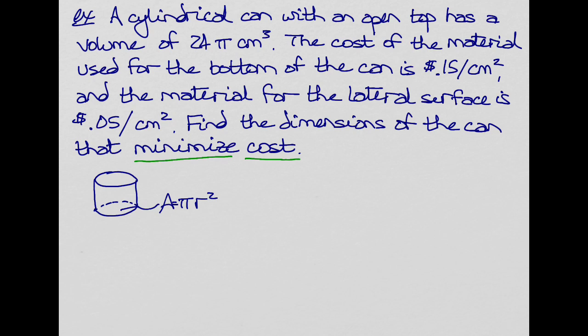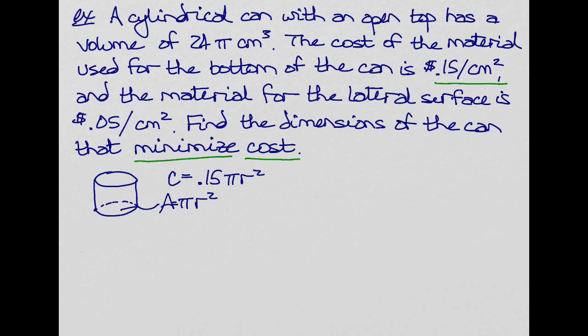The question is the cost. But I know the cost is the bottom, 15 cents per square centimeter, so 15 cents per unit area. So I can say the cost for the bottom of the can is 15 cents times the area.